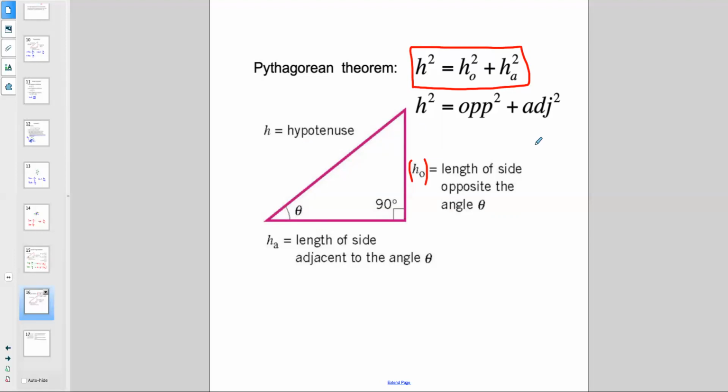In other words, H is equal to the square root of HO squared plus HA squared.